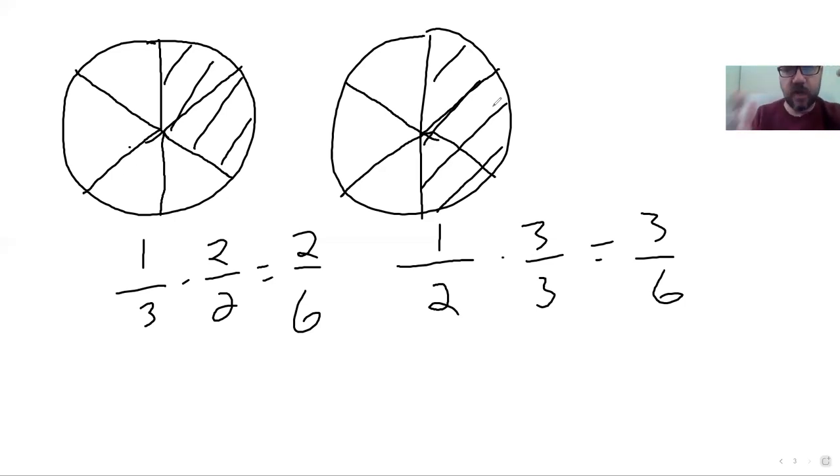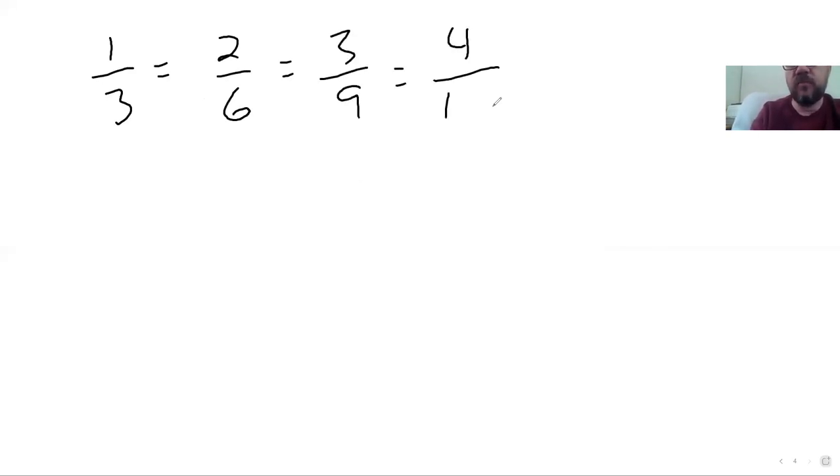Equivalent fractions are just fractions that have the same value, but are chopped up into different numbers of pieces. Like I said, a third is equal to 2/6, or 3/9, or 4/12, and there's an infinite number of other ones that you can choose just by multiplying. All I'm doing here is multiplying the top and bottom by 2 or by 3 or by 4 to get an equivalent fraction.